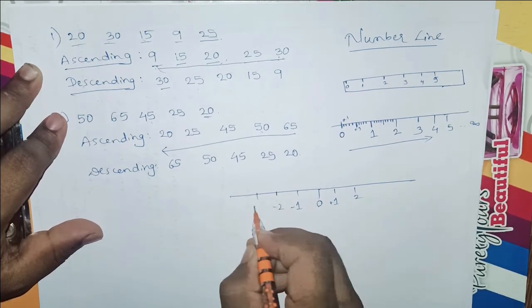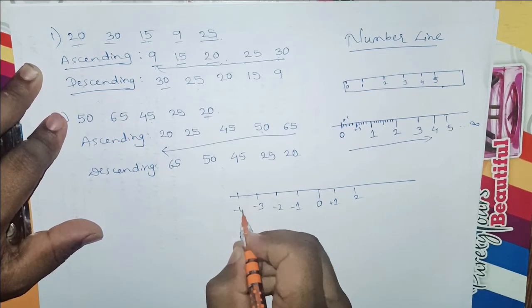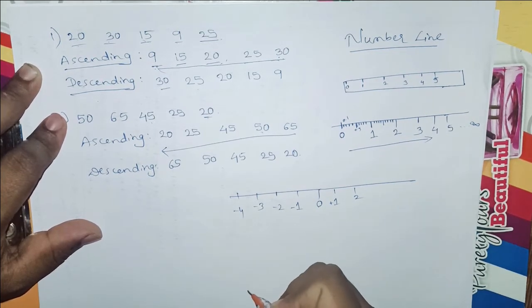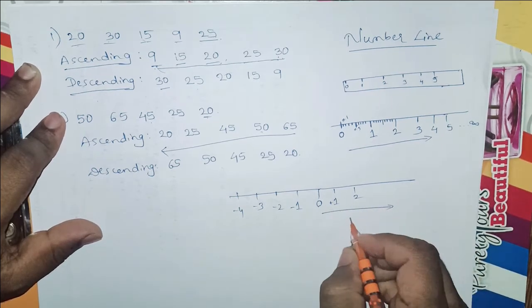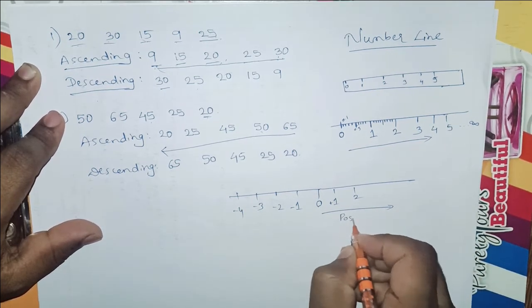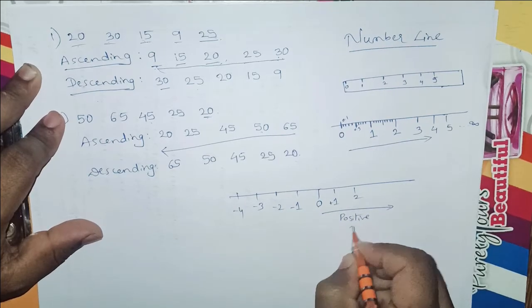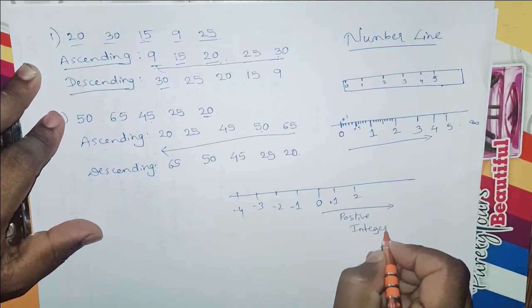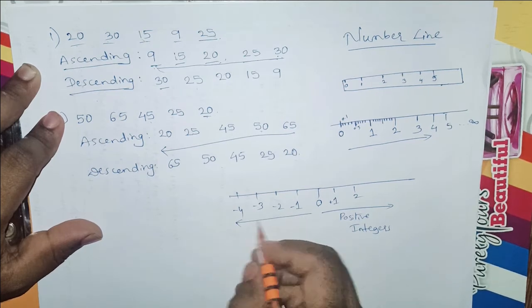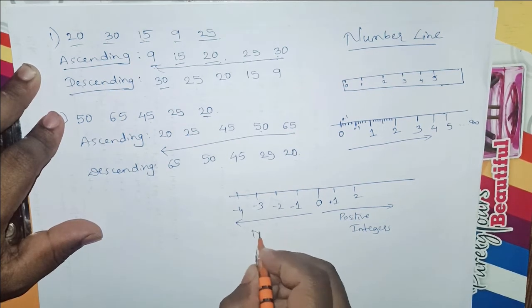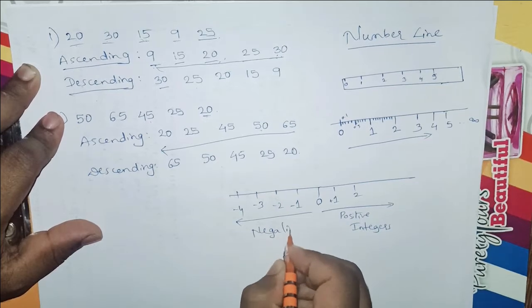So plus 1, minus 1, minus 2, minus 3. On the right-hand side, whatever numbers come are called positive numbers or positive integers, and whatever numbers come on the left side of the 0 are called negative integers.